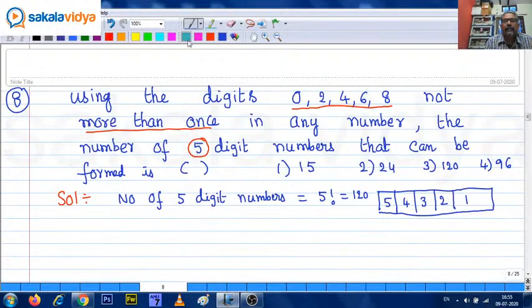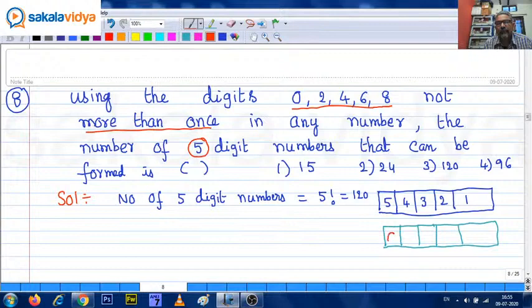Out of 5, there is a chance of getting 0 in the first place. If 0 occupies the first place, then these numbers are not treated as 5-digit numbers. They are 4-digit numbers. That means out of 120, the numbers which begin with 0 need to be subtracted.